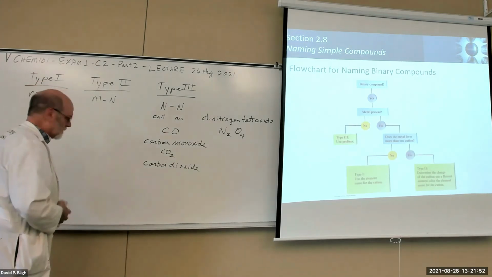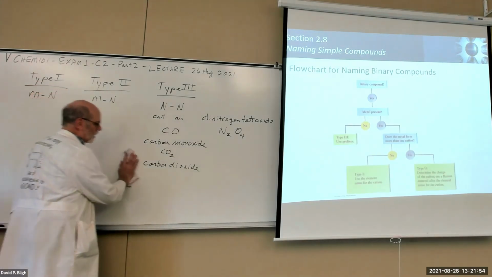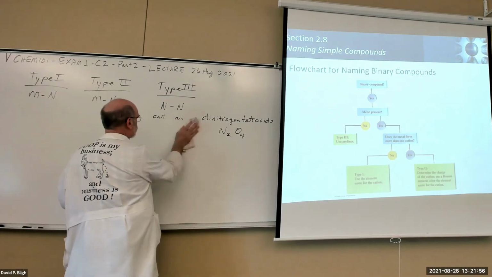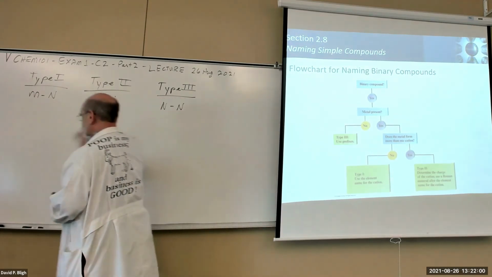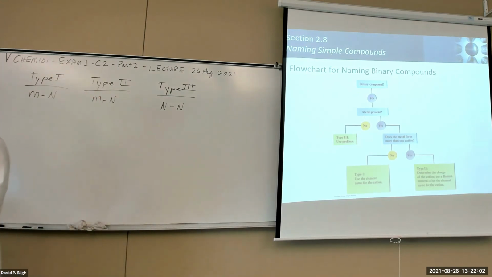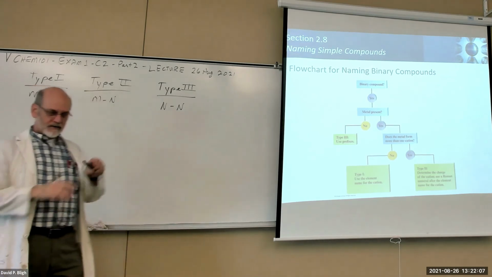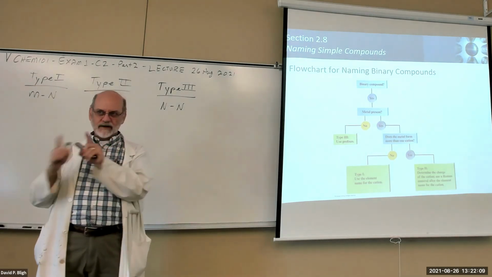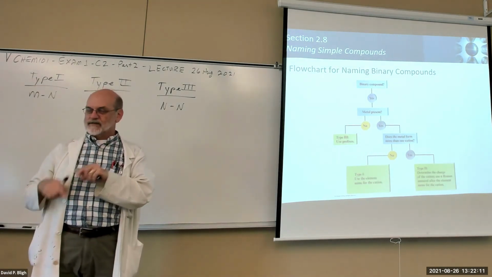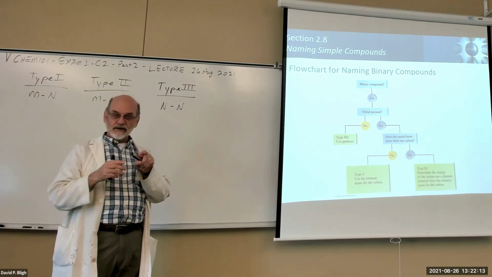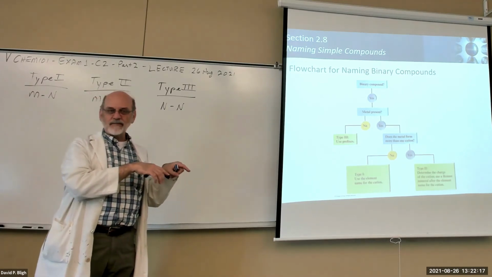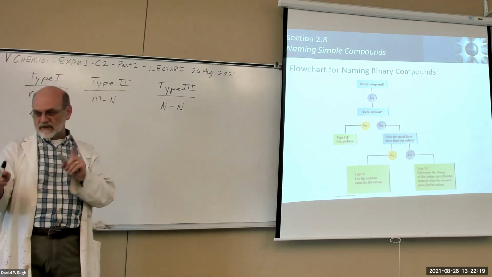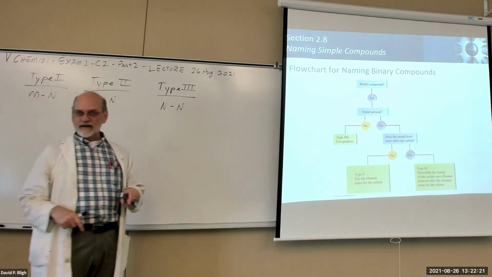Okay, and this is just a schematic for what you do if you're faced with a compound that you have to name, or you're faced with a name that you have to write the compound for. You decide, is it a metal nonmetal or a nonmetal nonmetal? If it's a metal and a nonmetal, then you put it in the type 1, type 2 slot. If it's a nonmetal nonmetal, you put it in the type 3 and go ahead with it.